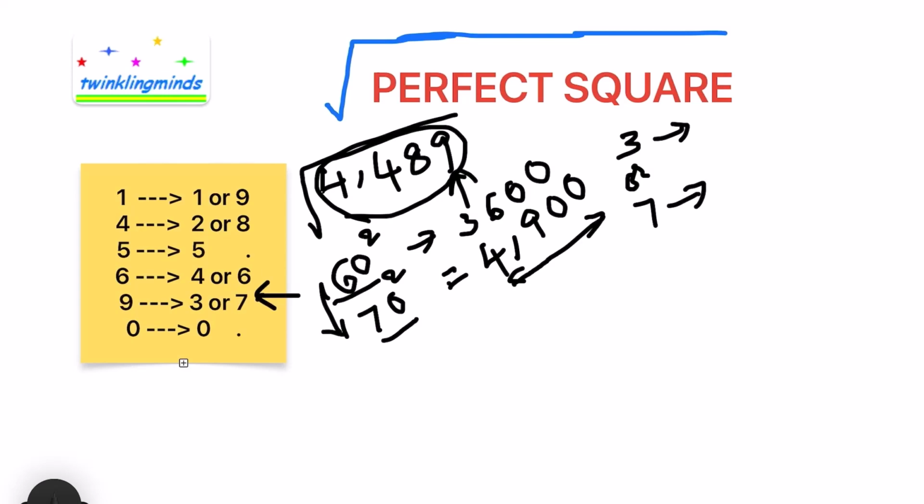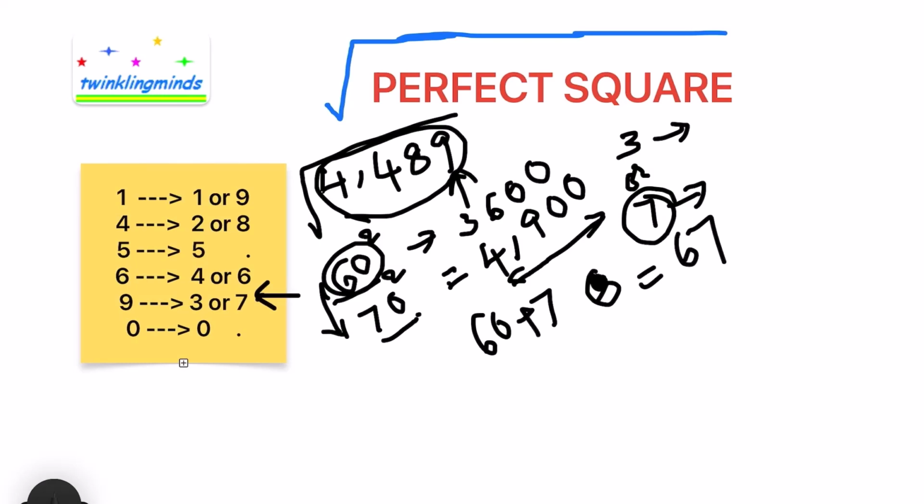Since it is closer to the upper limit, we will consider 7. So your units position will be 7, and the lower limit is 60. So 60 plus 7 is 67. So the square root of 4,489 is 67. Now let us look at another number.